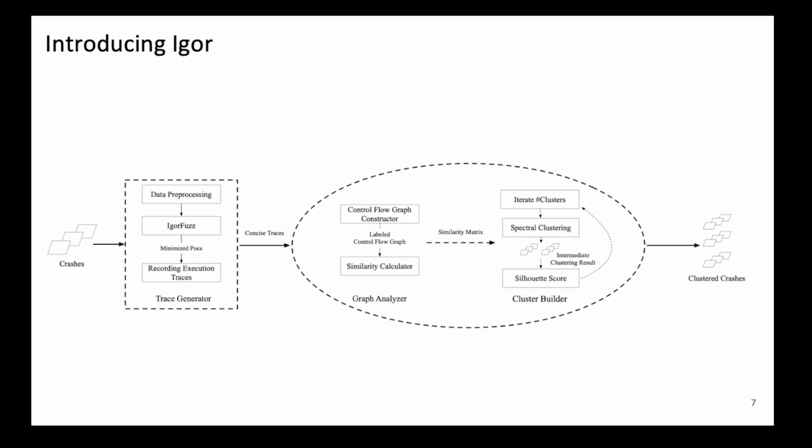After recording the execution traces for each minimized PoC, our graph analyzer begins analyzing the traces to calculate their similarity. The cluster builder takes the similarity matrix as input to get clustered crashes as the final result.